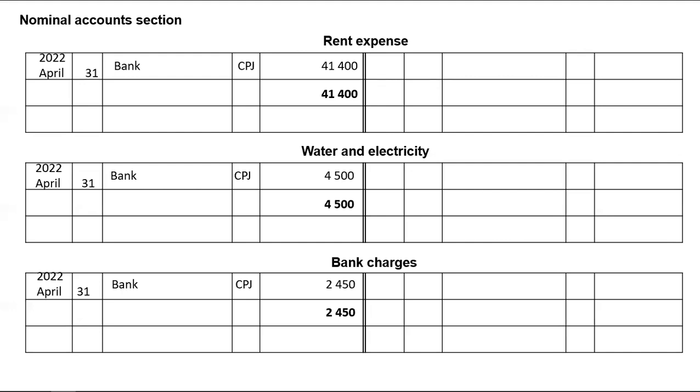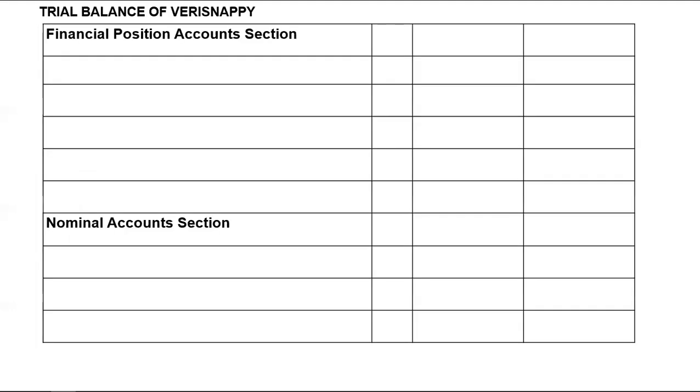And then we're going to have our trial balance. Now, our trial balance, this is what we're going to have. All the balance carried downs will go to that side. You realize that a balance brought down, as a matter of fact, for capital was on the credit side. That's why that 167,400 is on the credit side. Balance brought down for bank was on the debit side.